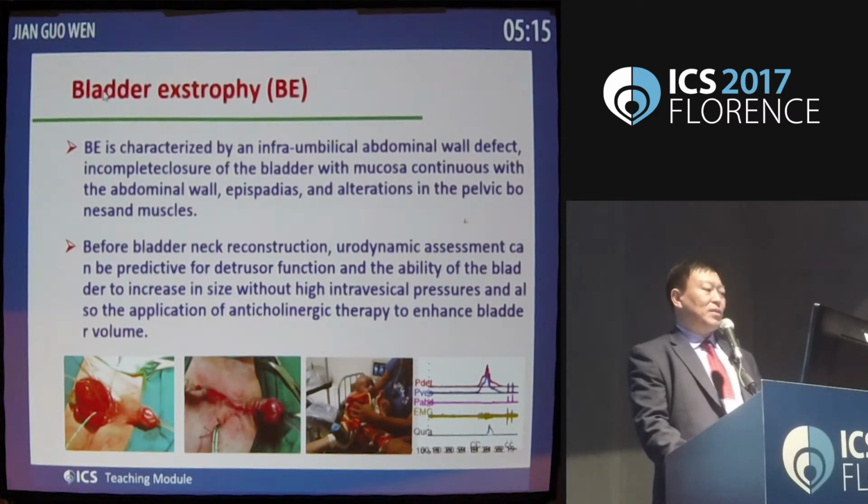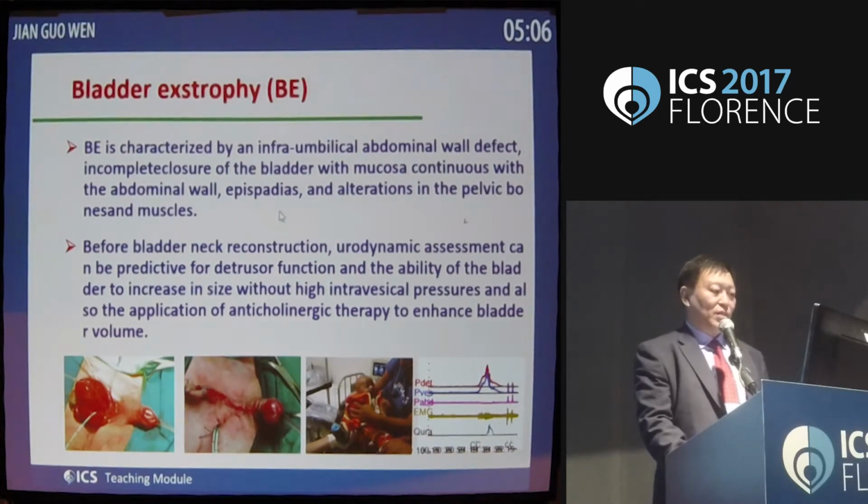The third condition is bladder exstrophy. In clinical practice it is not common, but it is a very important disease because after birth you can make a diagnosis: the abdominal wall has a defect and the bladder mucosa is exposed. You can see it connected to the abdominal wall, and you must close it.